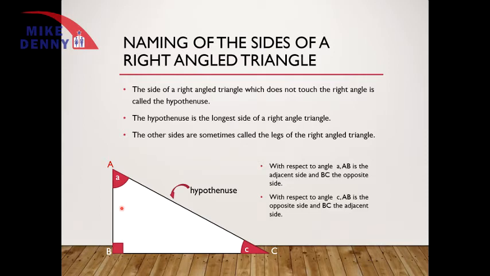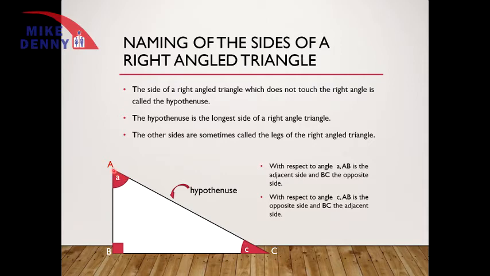We now go to naming of the sides of a right-angled triangle. The side of a right-angled triangle which does not touch the right angle is called the hypotenuse. This is the right angle. These are the sides of the triangle.